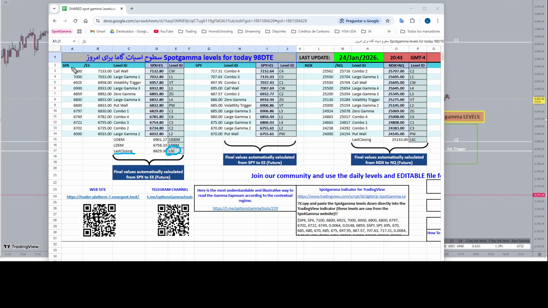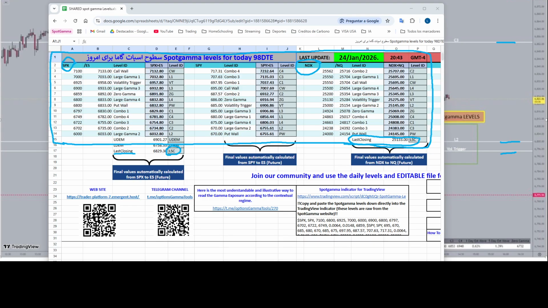I only put the last previous closing for SPX and NDX. You will see this information only in the platform when you can load this.